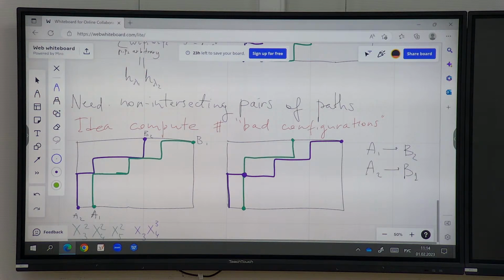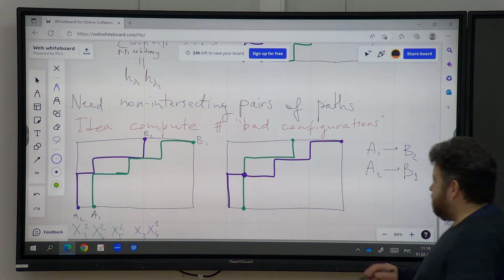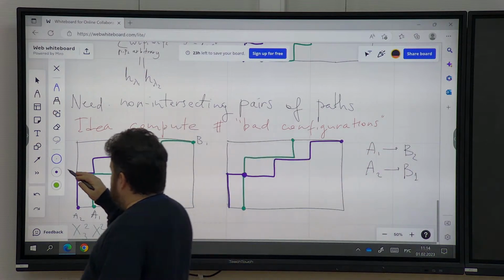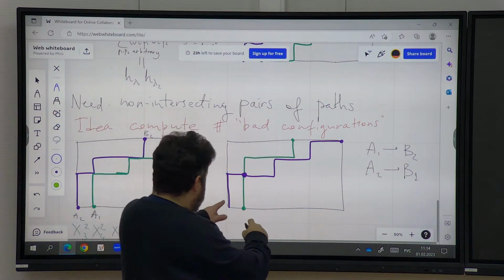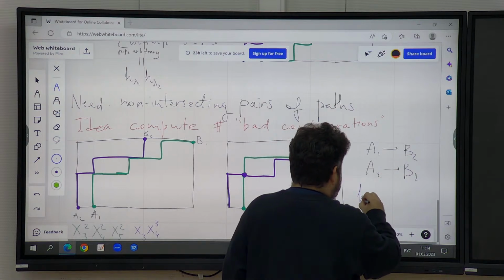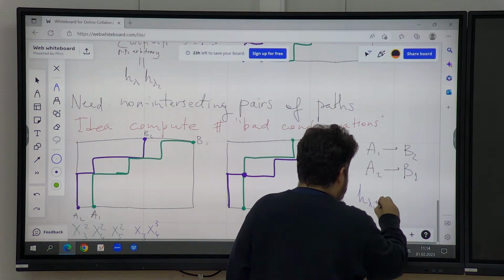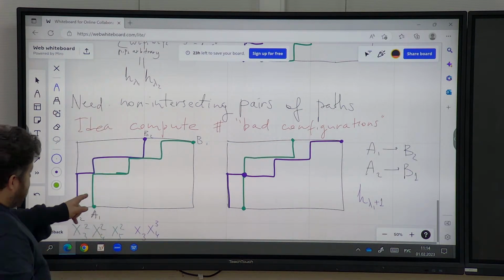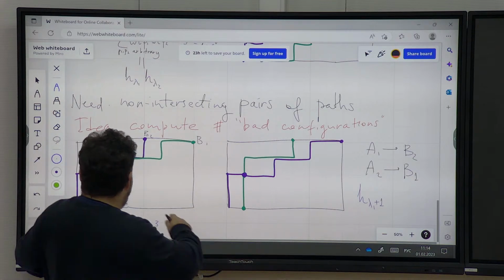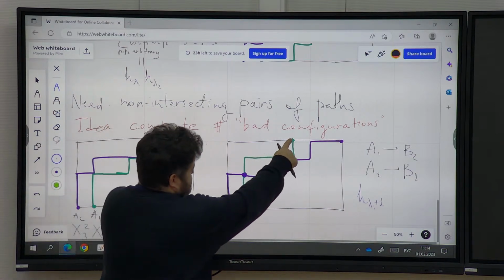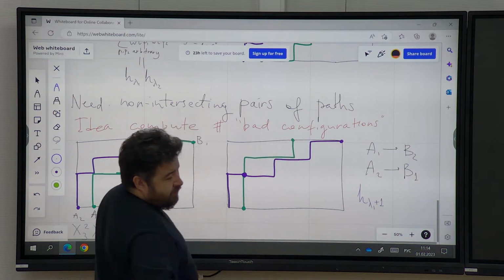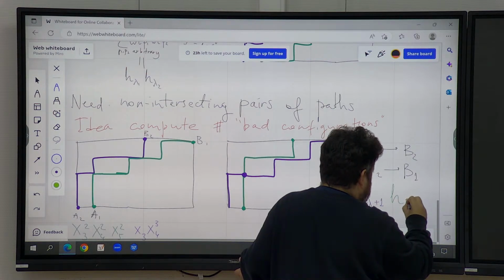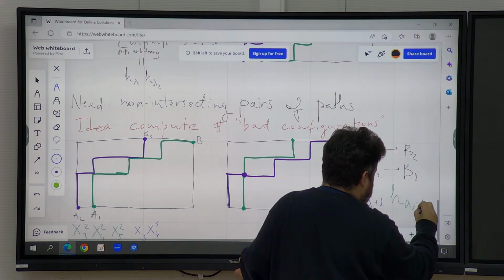It's H lambda 1 plus 1. And this path is computed by H lambda 1 plus 1. And this path is the previous one made lambda 2 steps, and this one makes one step less, right? So this is H lambda 2 minus 1.